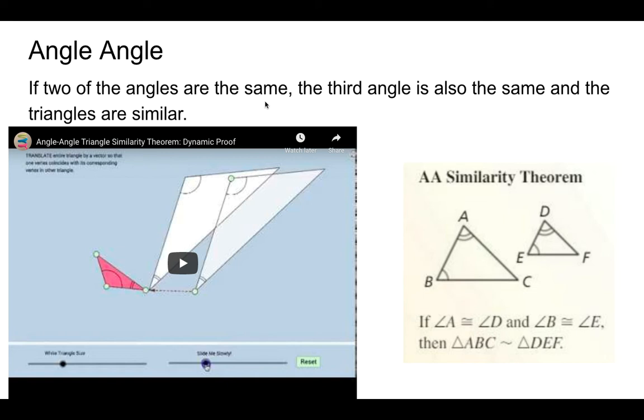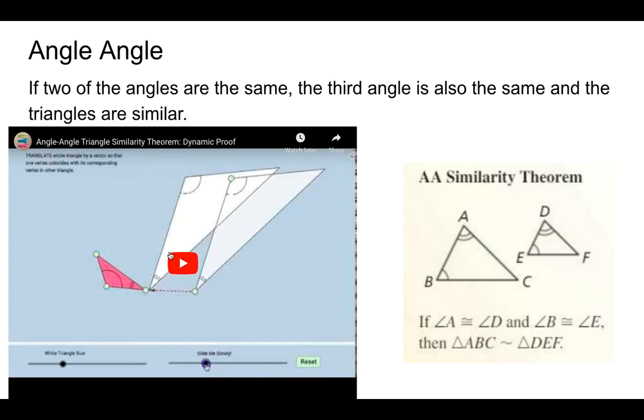Now, the reason why we can decide that the third angle is also the same is because we know triangles are supposed to add up to 180. So if these angles and the one that is missing add up to 180, then these two angles and the one that is missing have to do the same thing. These are the same. The missing are the same.